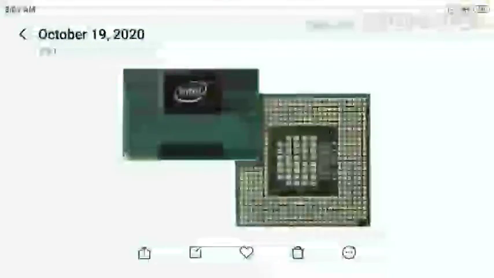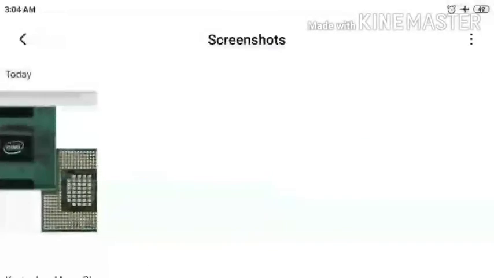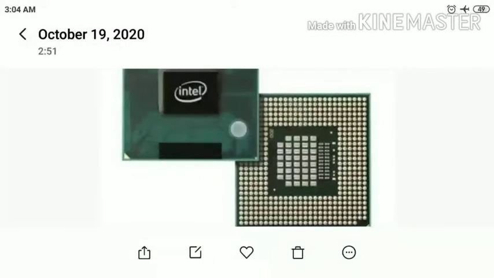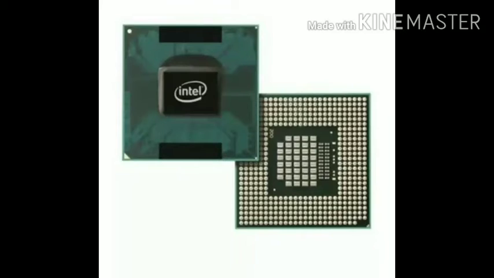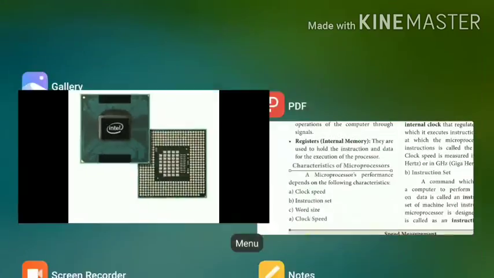So this is a picture of a processor. Here you can see that it consists of so many dots. These are all the terminals that are available in ICs. Here in your book you can see that there is an image.